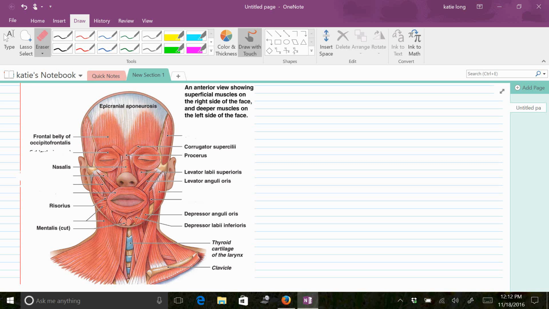Okay. We have our temporalis muscles. We have our orbicularis oculi, and I always remember that by oculi. So eye, referring to the eye, right? Oculi. Orbicularis oculi, what's that going to do? It's going to close our eyelids.